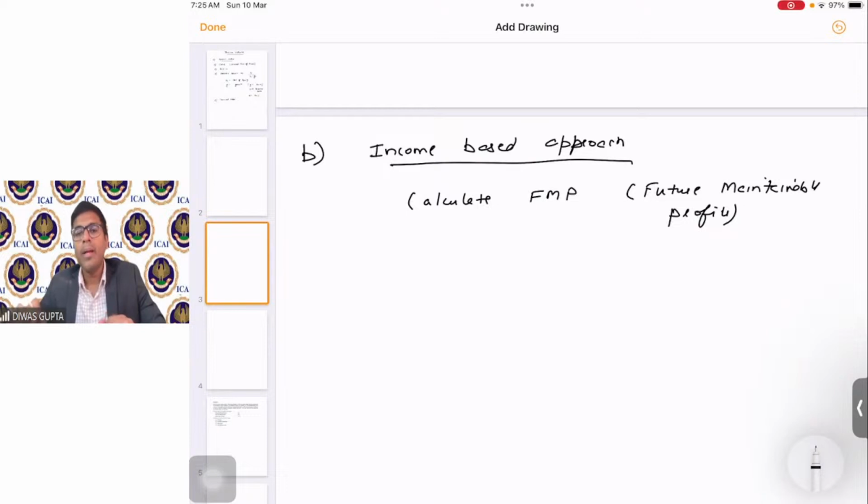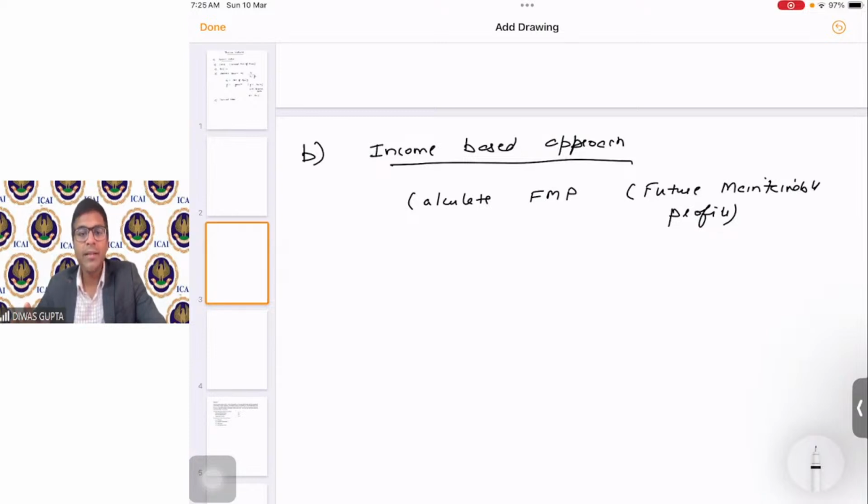Now, I also know that there is a new product development going on, and I will launch that new product very soon. With that, I will be getting another 25,000 extra as my income. So in that case, my future maintainable profits become 1,05,000 instead of the current 1 lakh, students.